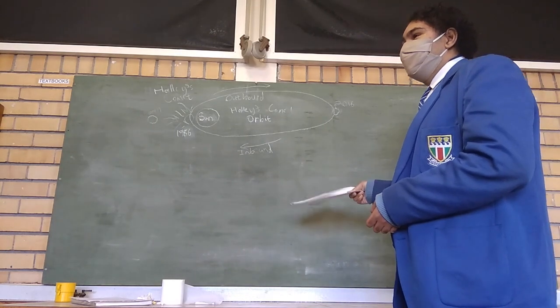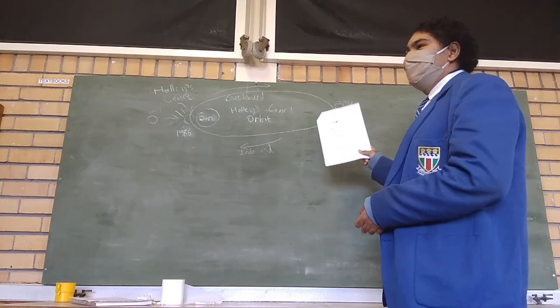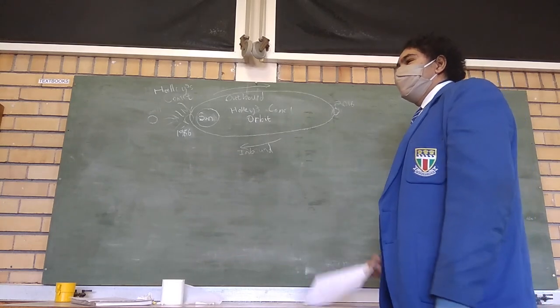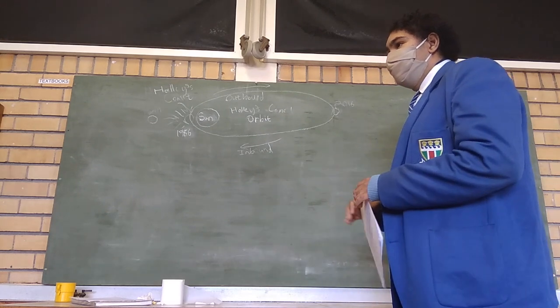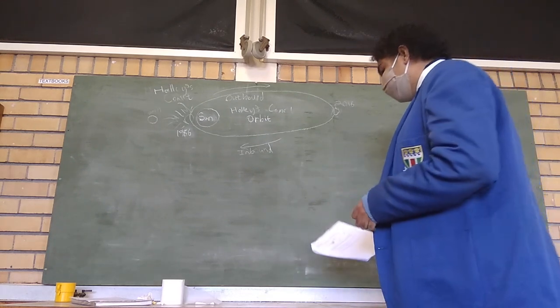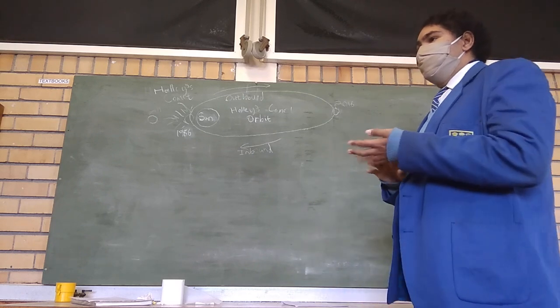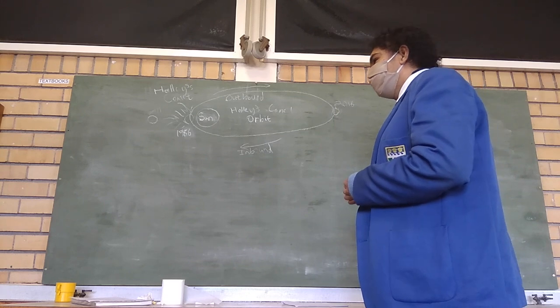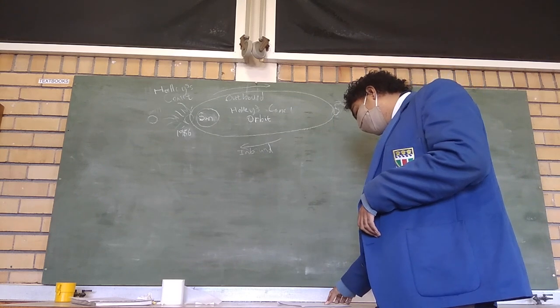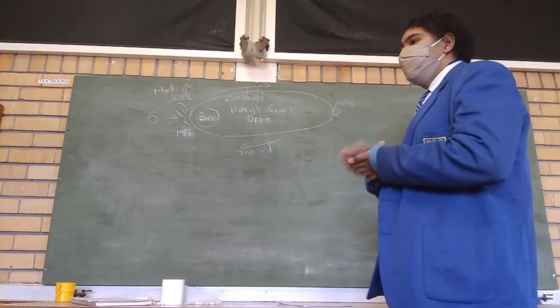And what are you going to do? Explain it. You're going to say Newton 3. For every action, Earth pulling on Halley, there is an equal and opposite reaction, Halley pulls on Earth. That's your full explanation. Newton 3.